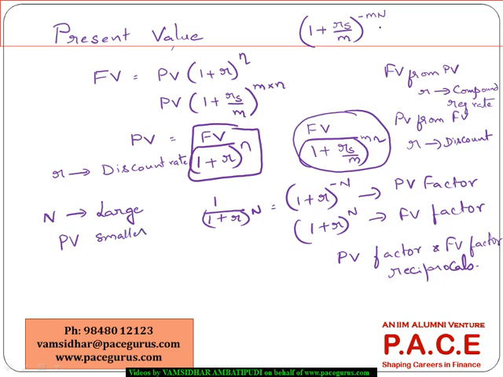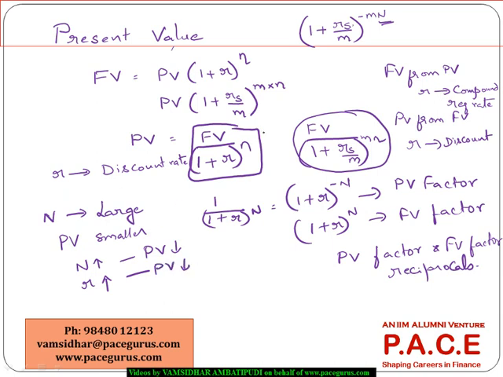So as n keeps increasing, which means if the discount rate is constant and I am receiving the amount at a much farther period of time, the present value of that is going to be much lesser. Similarly, as the discount rate increases, the present value decreases.